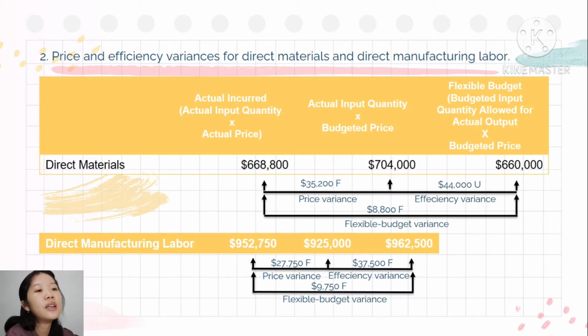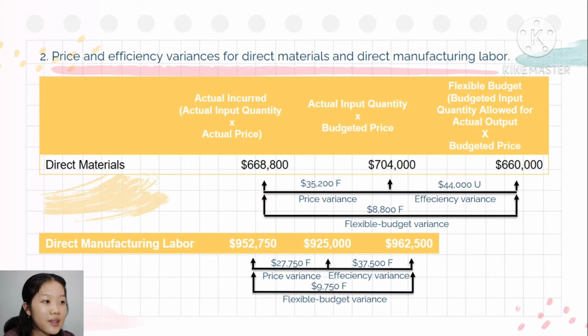First of all, for the direct materials, we have to calculate the actual incurred, which is the actual input quantity times actual price, then the actual input quantity times budgeted price, and the third is the flexible budget, which can be calculated from the budgeted input quantity allowed for actual output times budgeted price.